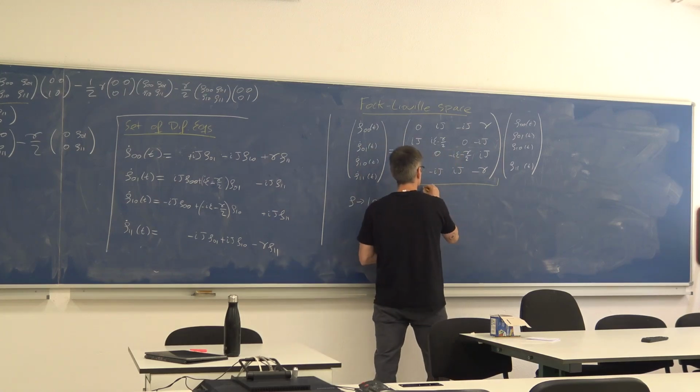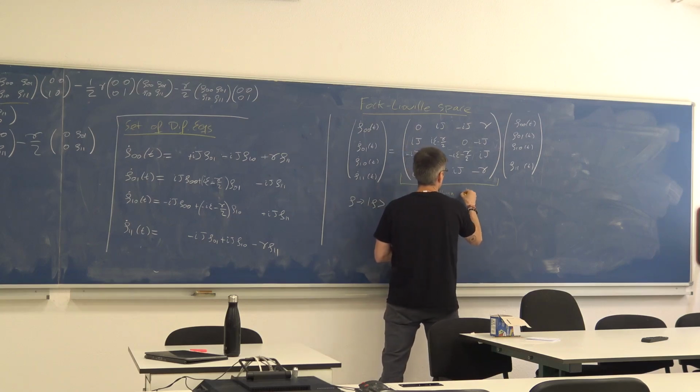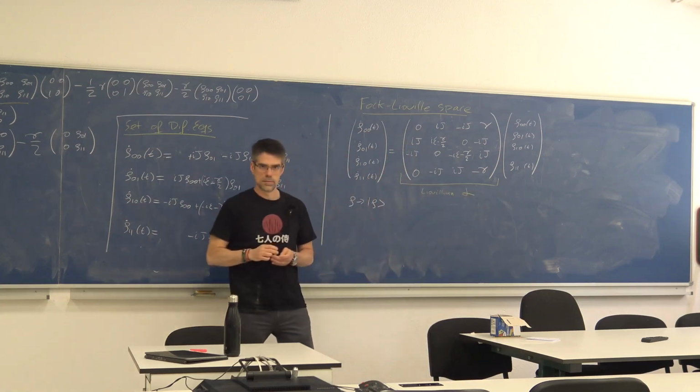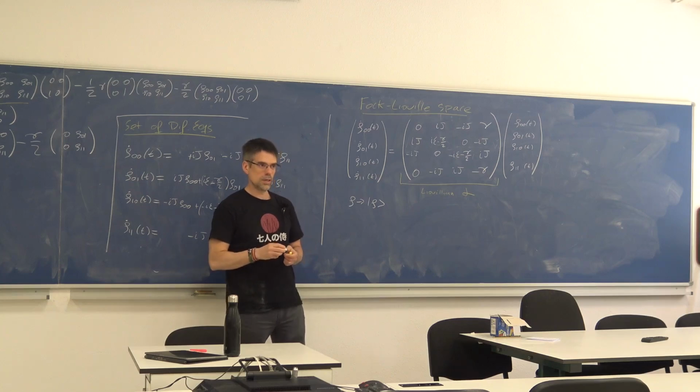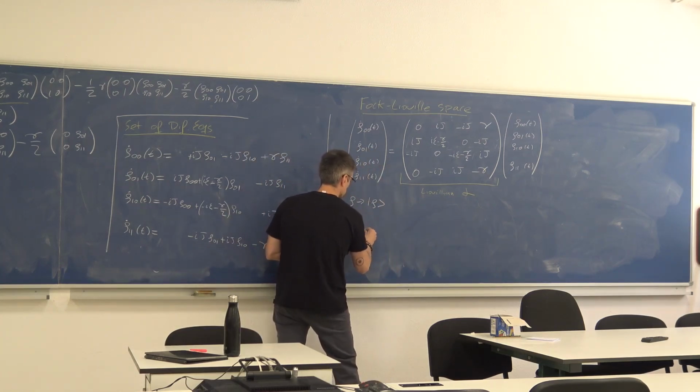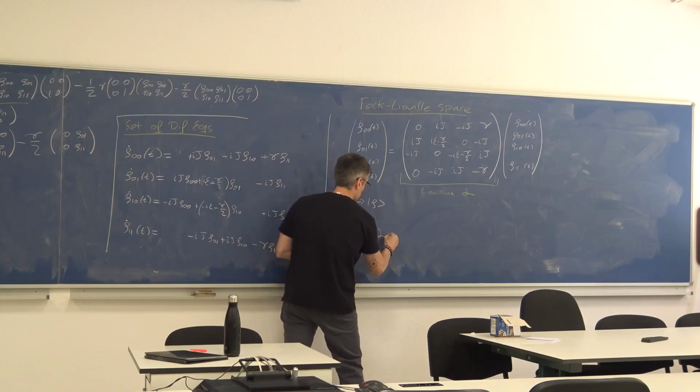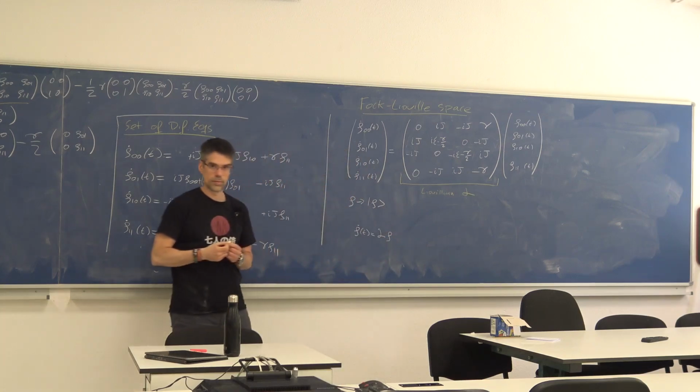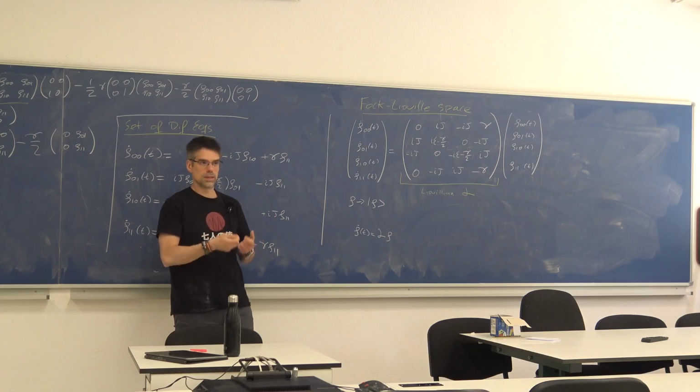That is what is usually called the Liouvillean. Okay? So written this way, the Lindblad master equation can be formally written as rho dot of t equal to our Liouvillean acting on rho. A Liouvillean that now is a matrix, and we can work with it.